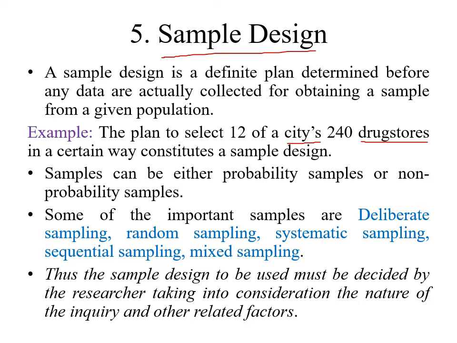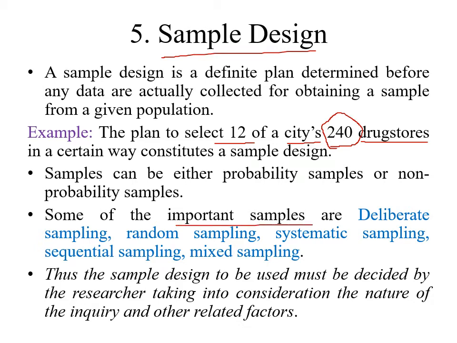There are 240 drugstores in the city, and it is quite complex to visit all 240 drugstores to collect data. So you are going to do sampling. Sampling means you choose 12 drugstores out of 240. How you choose these 12 drugstores is called the sampling method.